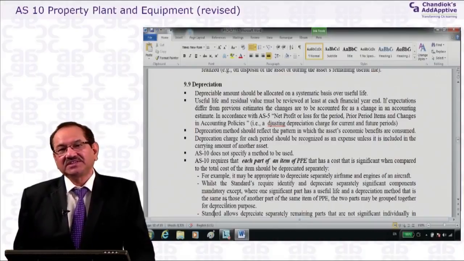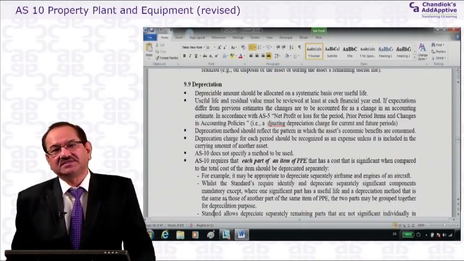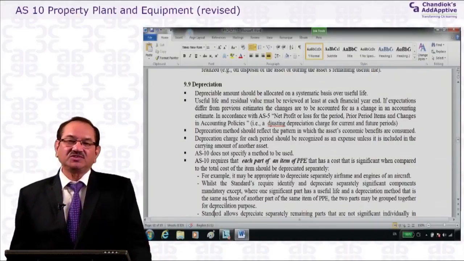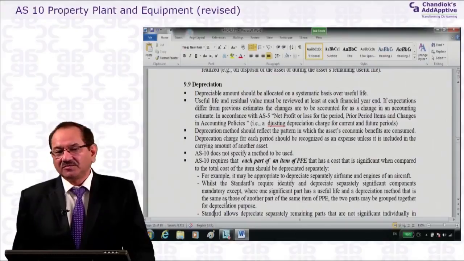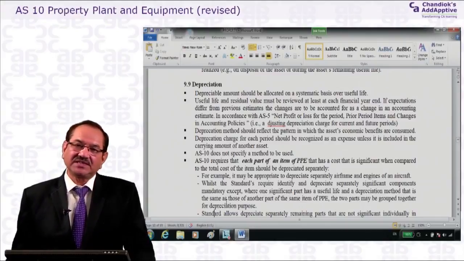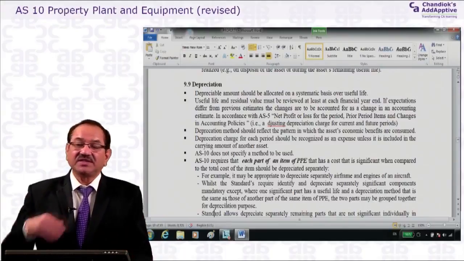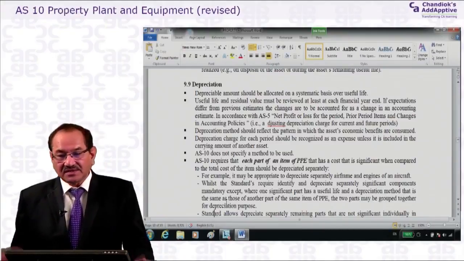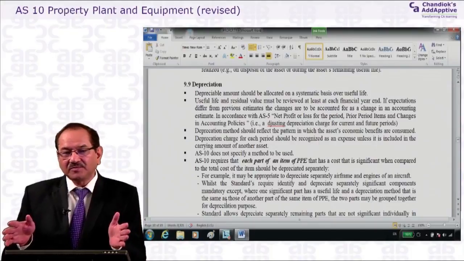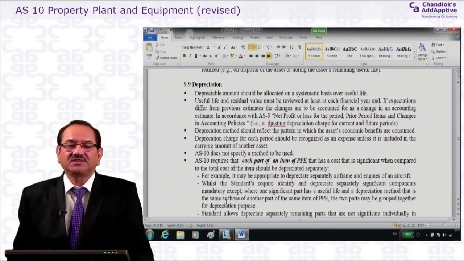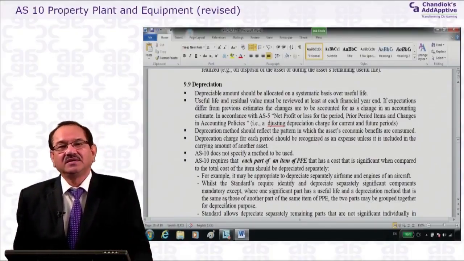The concept of depreciation is different. Why do we provide depreciation? Depreciation is provided because you are using the asset. What is the definition of the asset? They are held for use. And when you are using the assets, you are getting a benefit from those assets. Then you have the benefit you are putting in the profit and loss statement as an income.